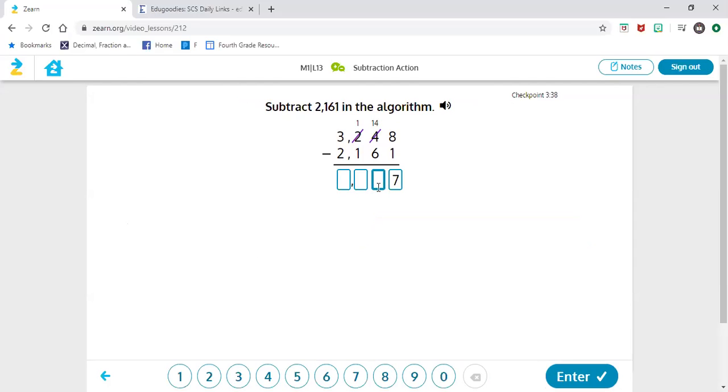I'm fluent with it, but you may not. So we're going to start at our 6 and count up to our 14. So 6, 7, 8, 9, 10, 11, 12, 13, 14. I put up 8 fingers. So that'll be 8. 1 minus 1 is 0. And 3 minus 2 is 1.